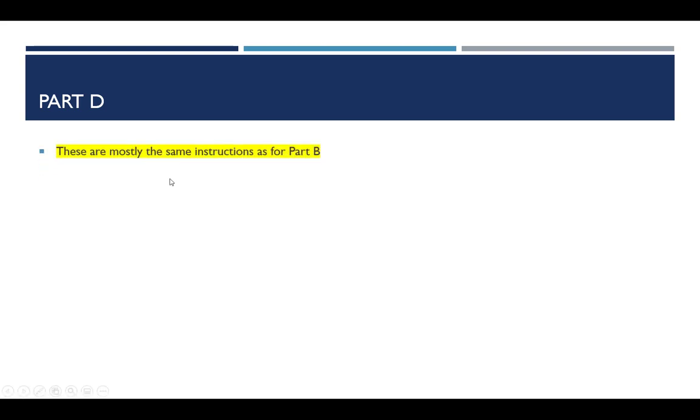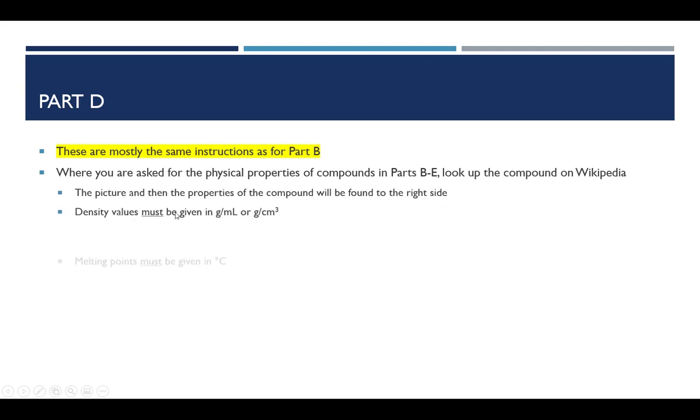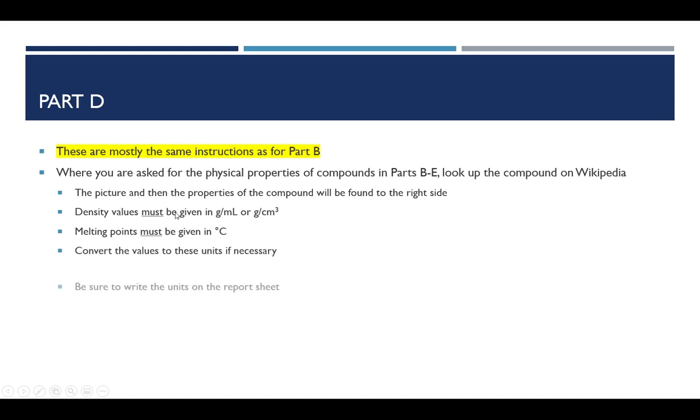So now let's take a look at part D. And again, the instructions are very similar to those in Part B. So when you're asked for the physical properties of the compound, look it up on Wikipedia. And I'm not going to repeat this because you already should know this. So then you'll want to complete the two tables on page 71.